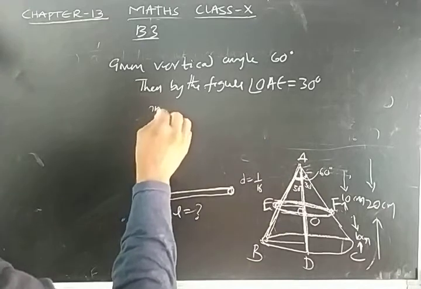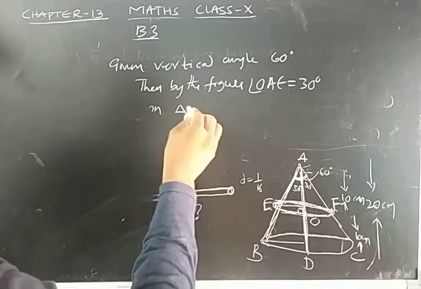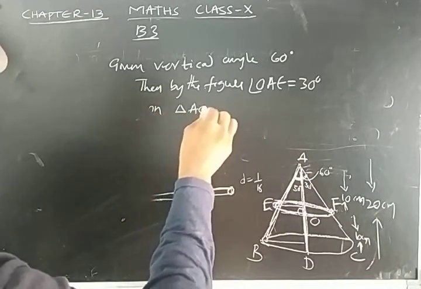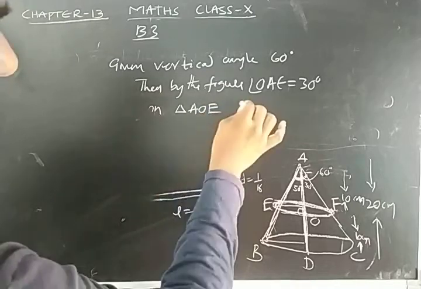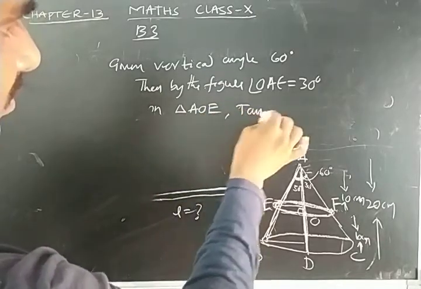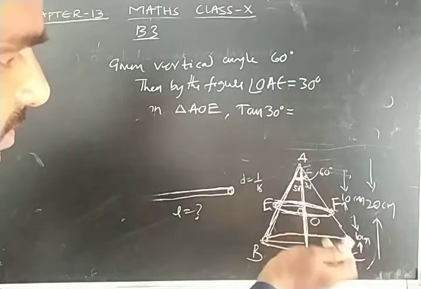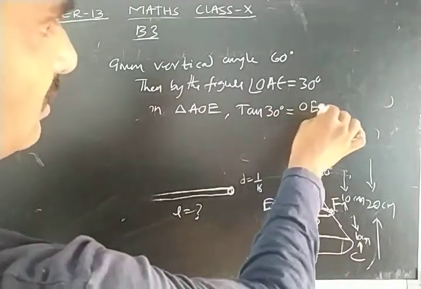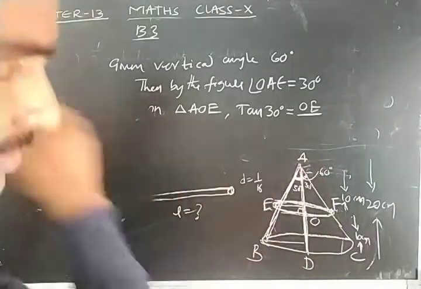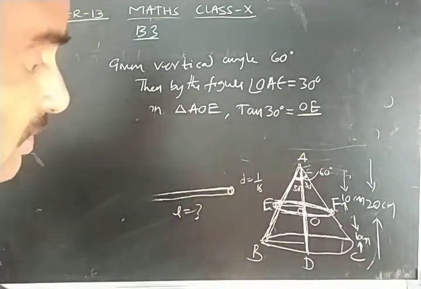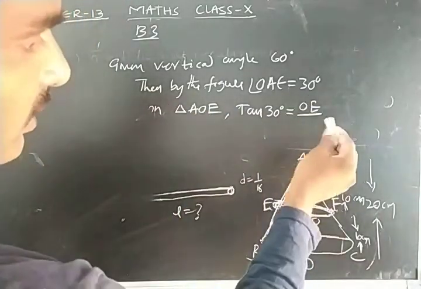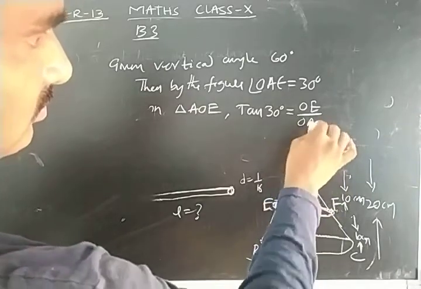In triangle AOE, tan 30 degrees is equal to opposite by adjacent. Opposite is OE, adjacent is OA.